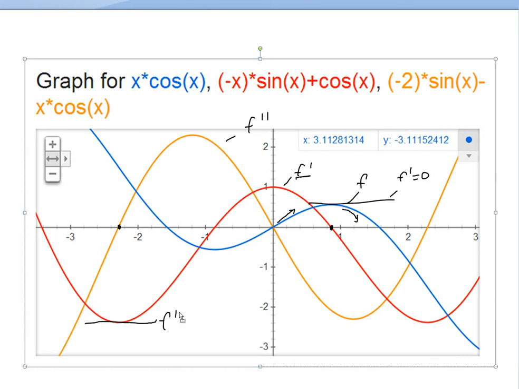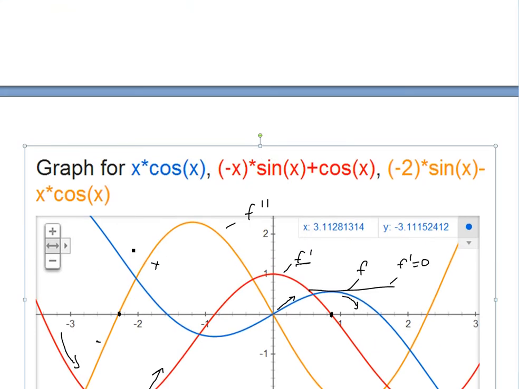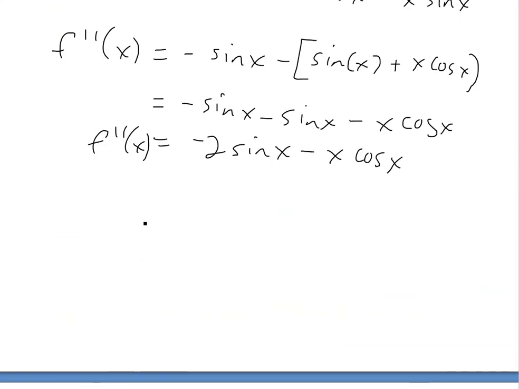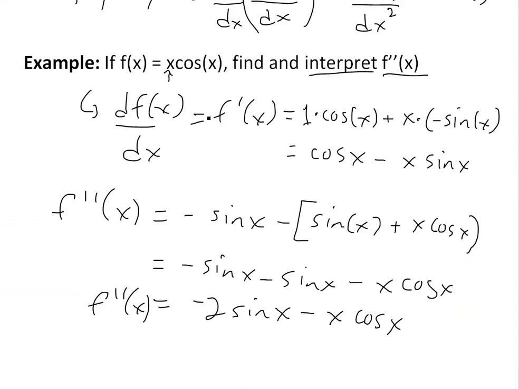So f double prime has to be 0 here. Also, when this is positive, this function is increasing, and when it is negative, you are decreasing. So it's exactly the same as the derivative is to the regular function, but now it's to the derivative. It's the rate of change of the derivative.